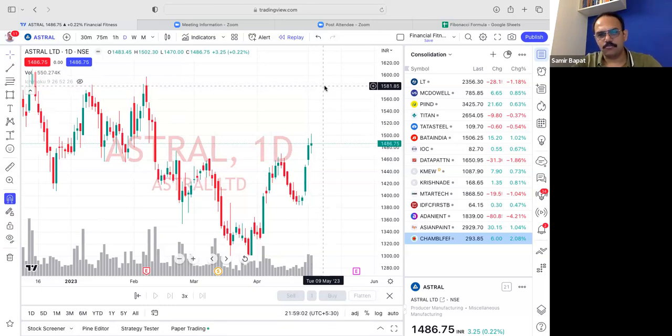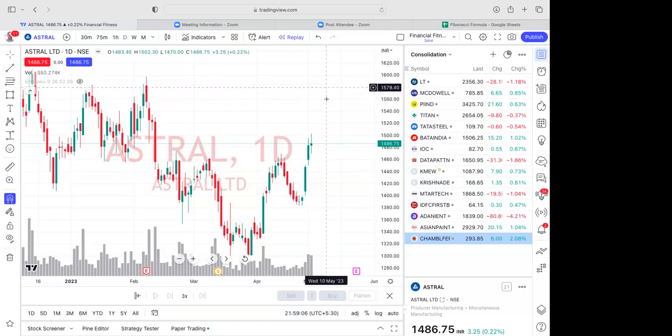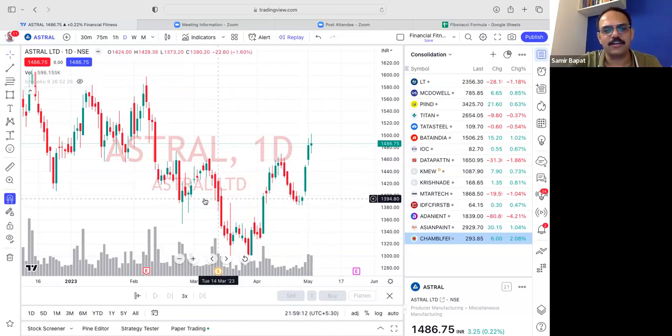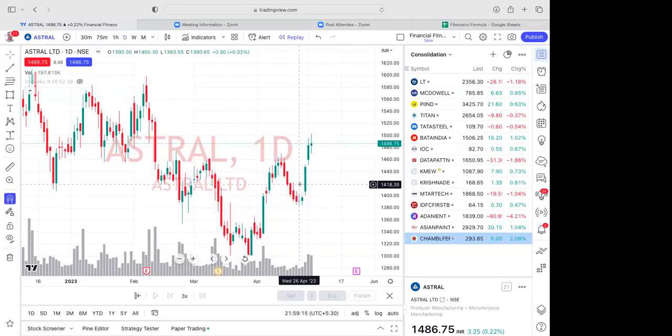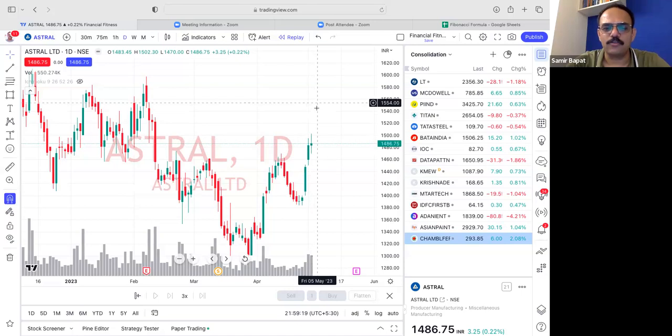Yes, I agree with you that it is a reverse head and shoulder. The reverse head and shoulder target can be till here. But since the shoulder is not like the book definition, it is not there. If it was a little higher, we would be happier. Here we'll be satisfied. If it is going up, be cautious because this candle has formed a long wick on the top.